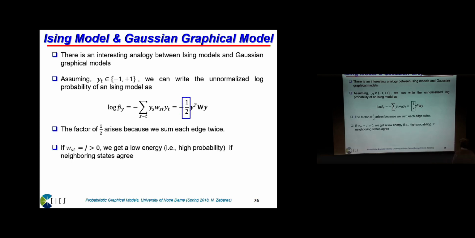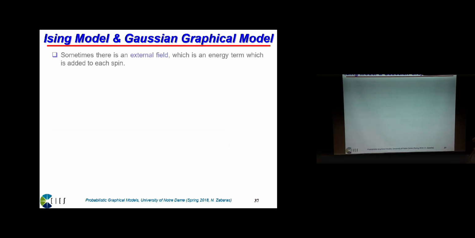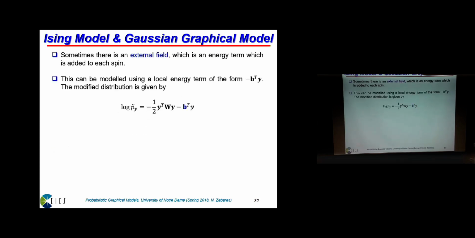But obviously we will need something to mimic the mean term, and the way you do this is by introducing an external field in the energy function that looks like this, okay? The external field you can think of physically, in this magnet model, as something with which you may want to control the average magnetization of the system, okay?